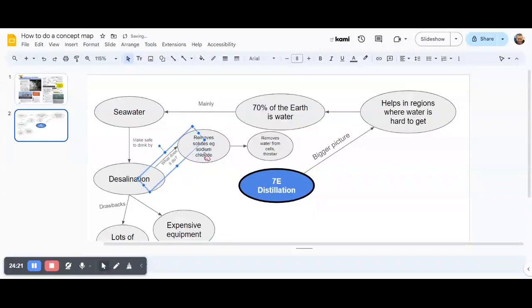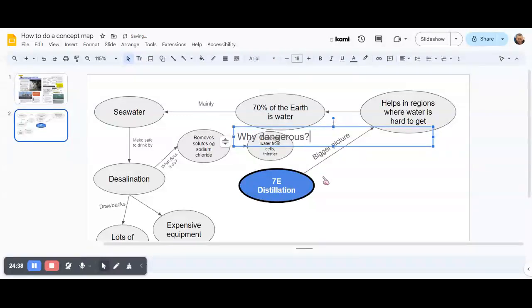I'm just going to move it here, and then remove solutes, e.g., sodium chloride. Why dangerous? I think I just want to have why danger. I could put why harmful, that's absolutely fine.